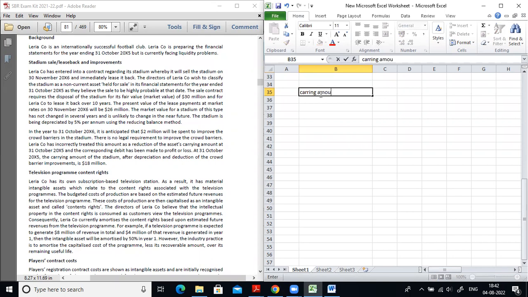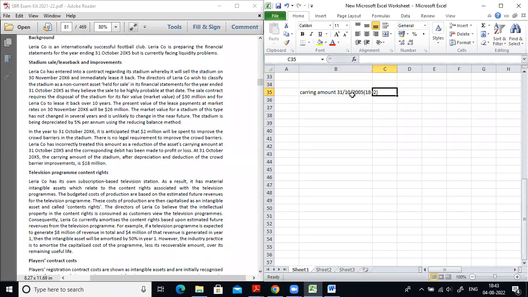So the actual carrying amount as on 31st October 2005 should be 18, which they gave, and we should also show this improvement of 2 million.